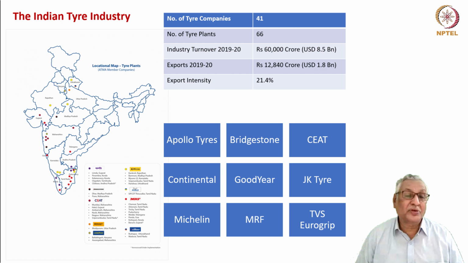Looking at the map, you can see that the tire industry is pretty well spread out, particularly in Tamil Nadu and Kerala, given the proximity to the rubber producing state of Kerala, in Maharashtra, given the proximity to the engineering and automobile industry, and in certain other regions of the country, mainly with reference to the logistics costs and advantages that accrue along with the automobile component dispatches.